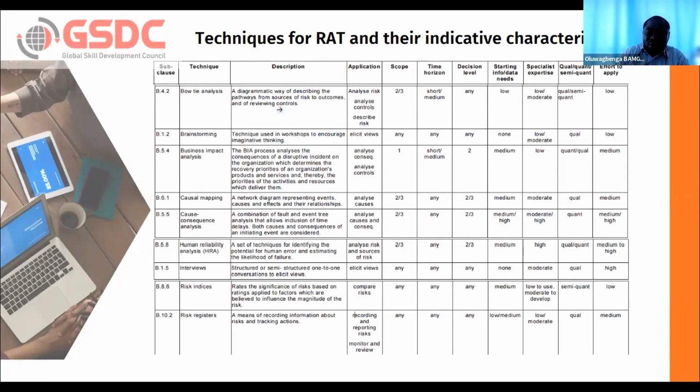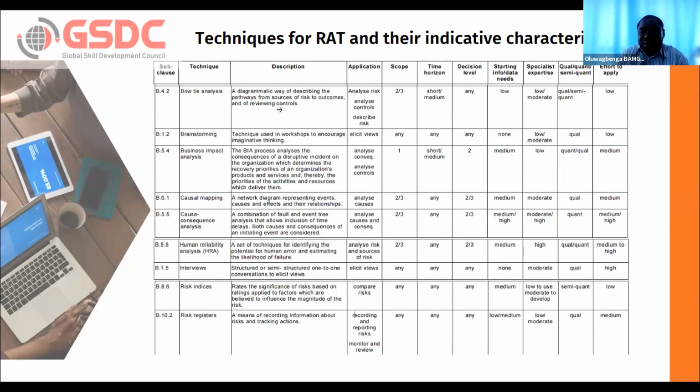Okay, I'm going to touch more on the ones that are common: the risk register, brainstorming, business impact analysis, and bowtie, but I'll start with bowtie.